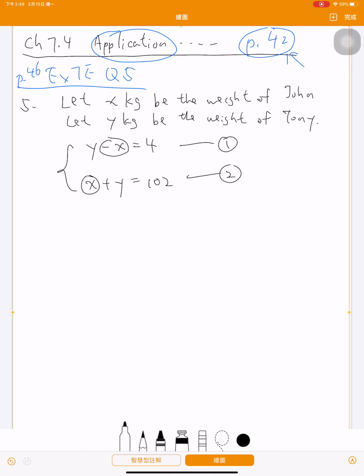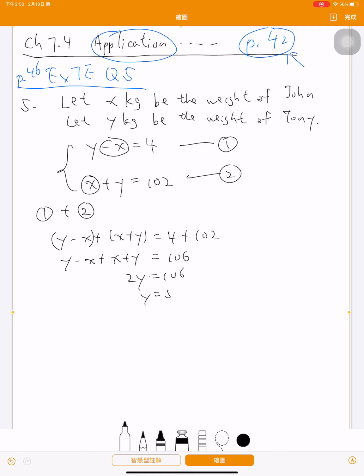So we may use addition, 1 plus 2. Okay, so y minus x plus the second one, x plus y, is equal to 4 plus 102. So y plus y is equal to 106. So 2y is 106, y is 53.